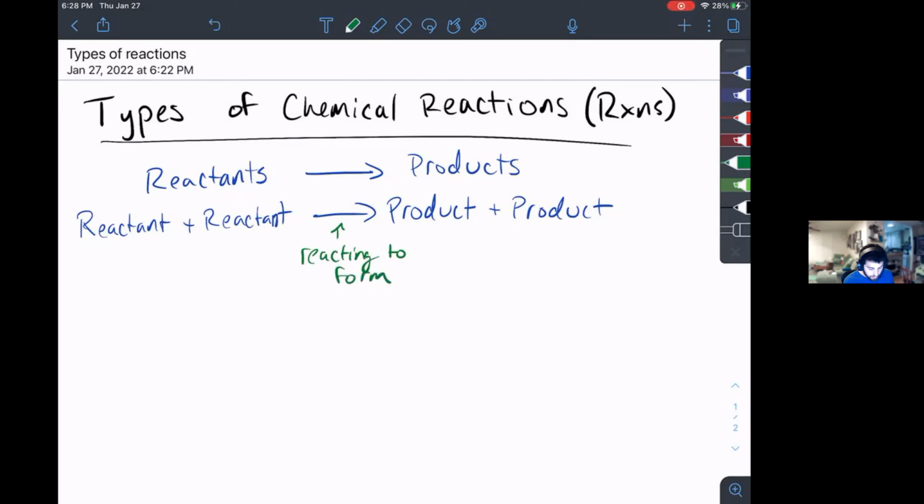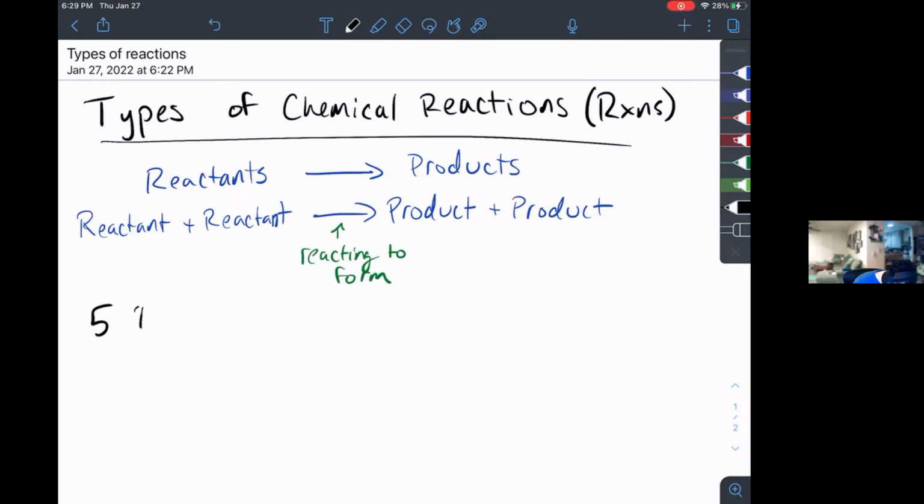So maybe reactant plus reactant, react to form, product plus product. There's a whole bunch of ways to say it. This is just a general nomenclature, but the products are always going to be on the right, the reactants always on the left. And as we get to higher levels of chemistry, we'll realize this gets a little muddled, but for now, this is what we're talking about. So with that out of the way, let's get started into the 5 types of reactions.